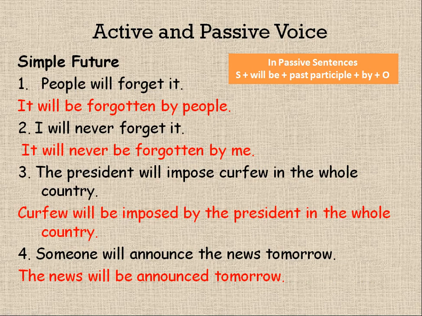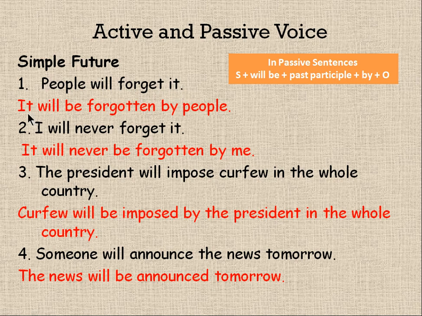Simple future. In future tense, we have the use of will. This is active sentence. People will forget it. So this is the object here.